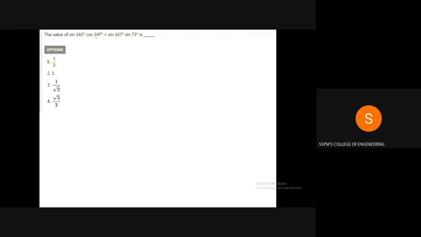Now instead of writing 167, you can write sin 180 minus 13, into sin 73. How can we write sin 73? You can write 90 minus 17. See, you change the angles to their nearest proper angle, 180 or 90 or 360.